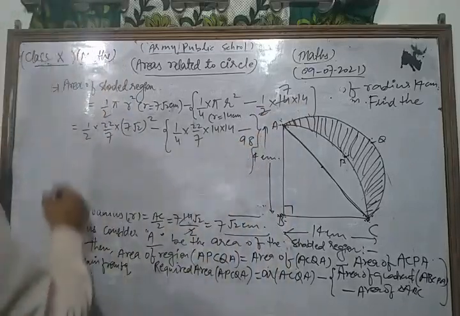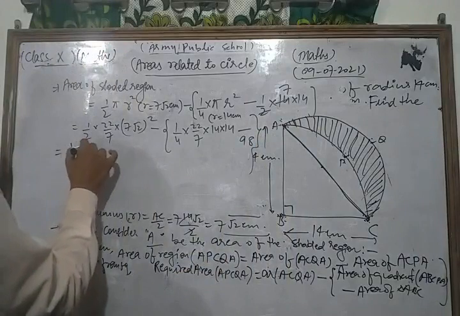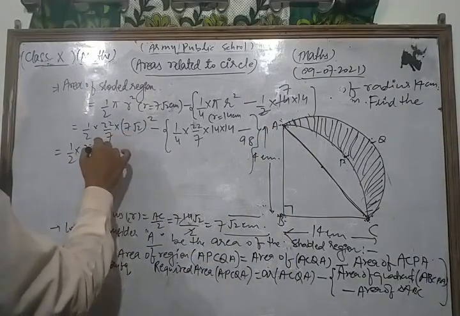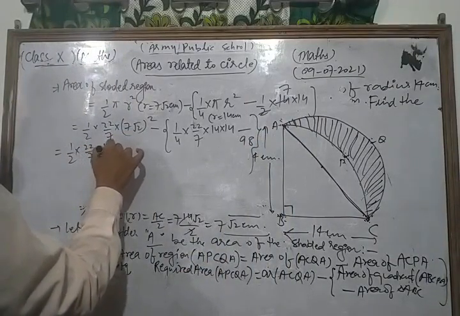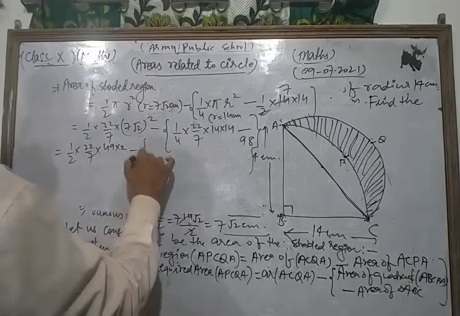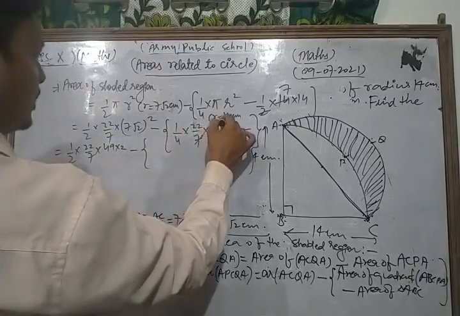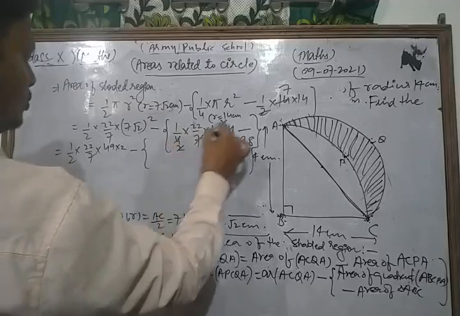Now look, we simplify them. So 1 upon 2 into 22 upon 7 into 49 into 2.